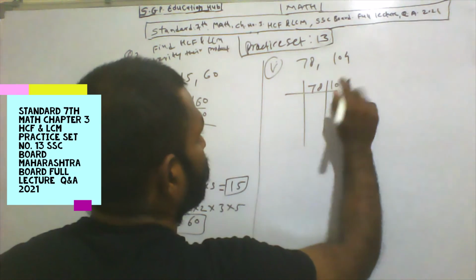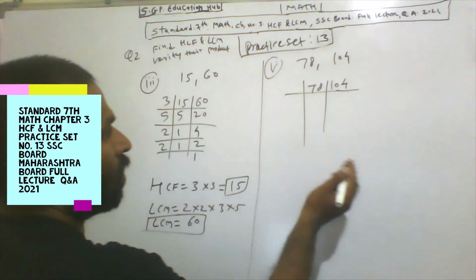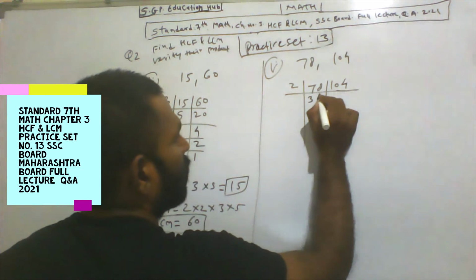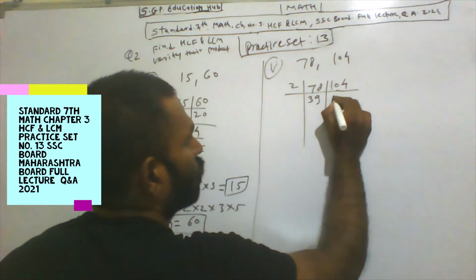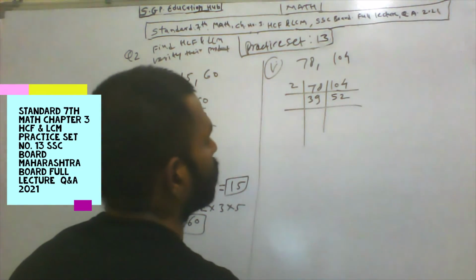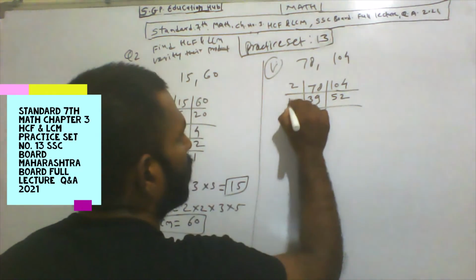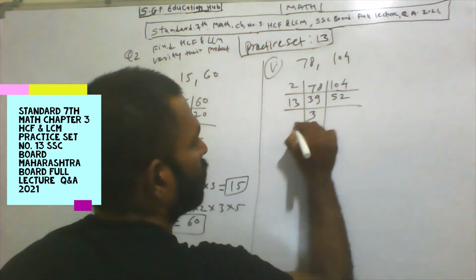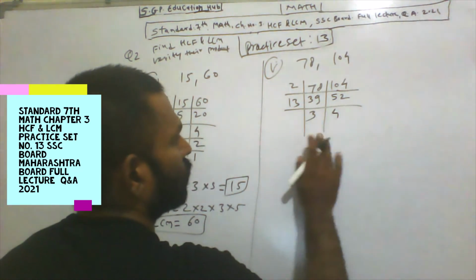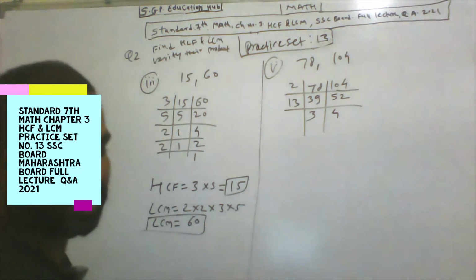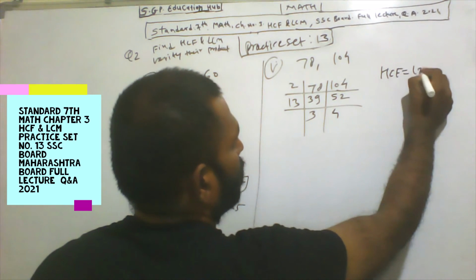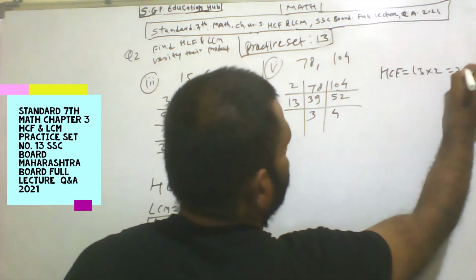Both are even numbers, so divided by 2: 2 39s are 78, 2 52s are 104. Then 13 can be divided with 13: 13 3s are 39 and 13 4s are 52. Now both numbers can be divided by the same number, so the GCF is 13 into 2, which is 26. 26 is the GCF.